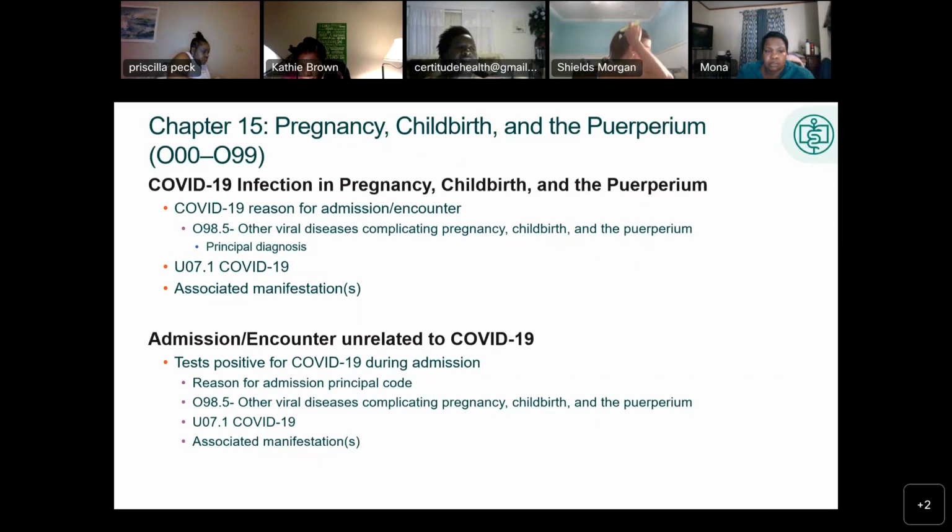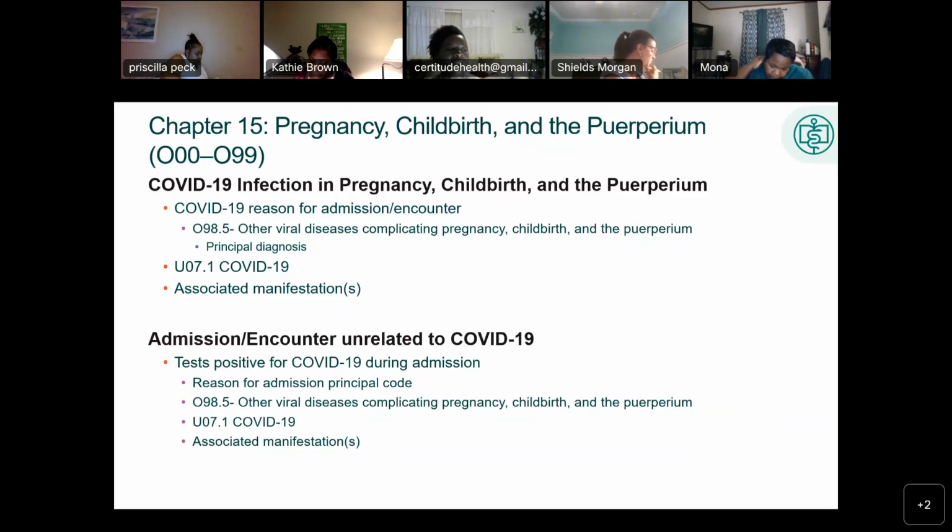Guideline S talks about COVID infection in pregnancy and childbirth. If COVID-19 is the reason for the encounter or visit, you would report a code from O98.5, and you would also follow it with the U code for COVID, which is U07.1.